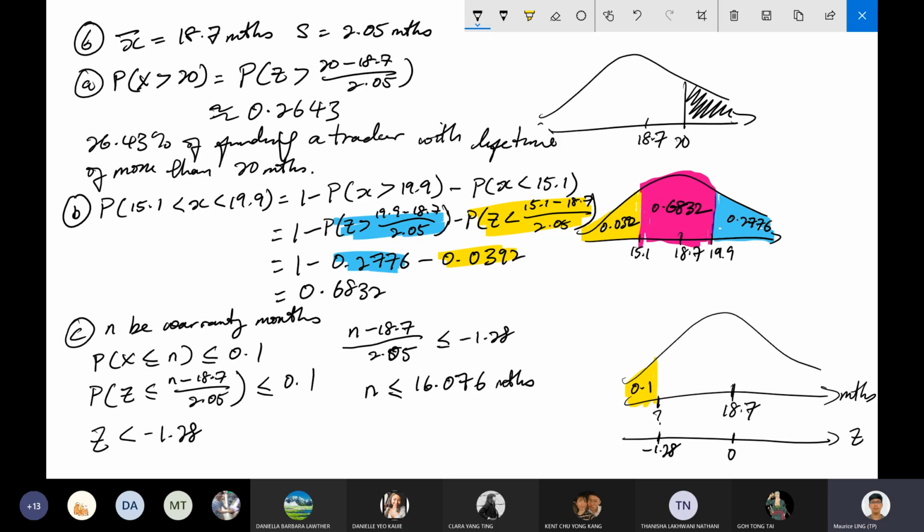So at 16.076 months, about 10% will die. So the warranty period should be, I would say, equal or less than 16 months. Okay, so that's the answer.